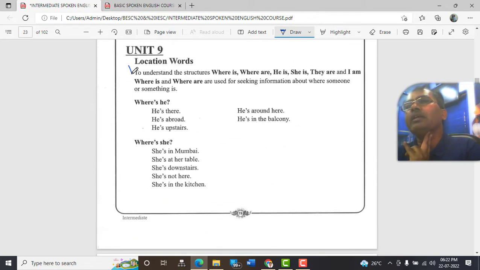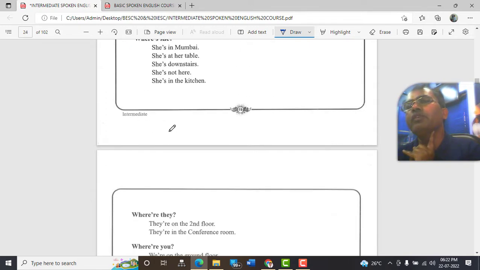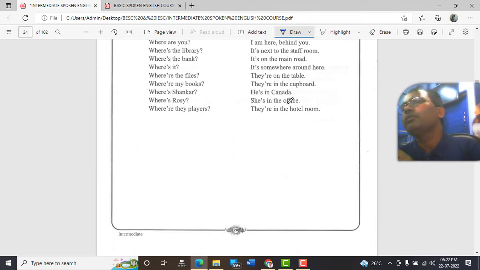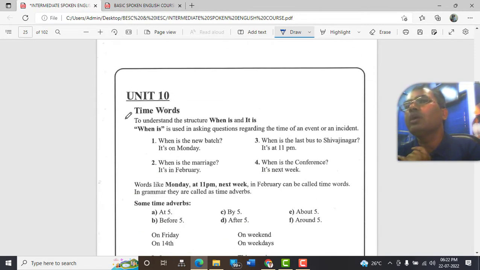Next, in unit 9 we will be talking about how to use where is, where are, he is, she is, they are, these. When you learn this, you will know how to frame the sentence properly. We'll be using all the sentences, actually memorizing them and trying to use them in our conversation. Then we will go to time words.